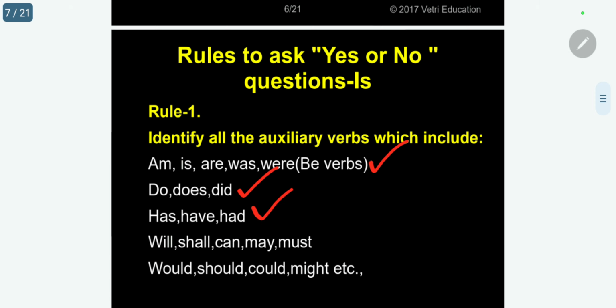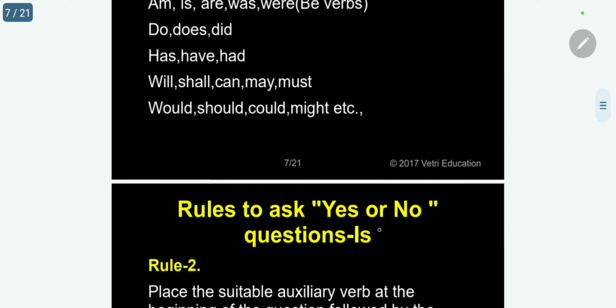Has, have, had, primary. So normally, by using these, we can raise questions. The only important point you must understand under rule 1 is that the primary auxiliaries, the first three types, can act as a main verb as well as a helping verb or auxiliary verb, whereas the secondary auxiliary verbs will not act as a main verb. That is the important point you must know.